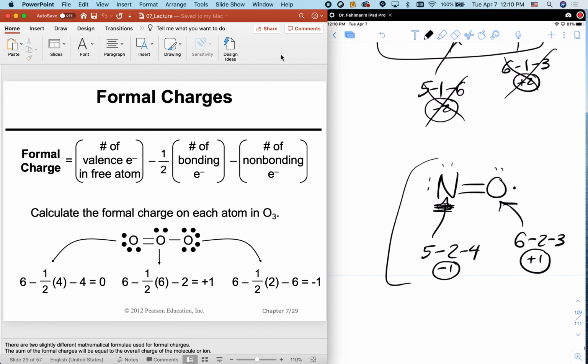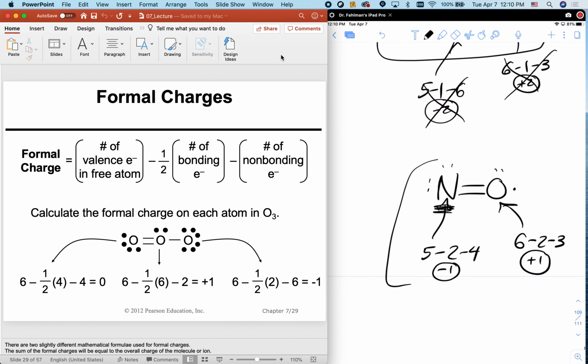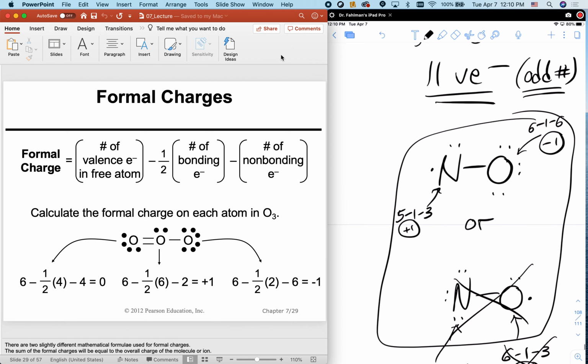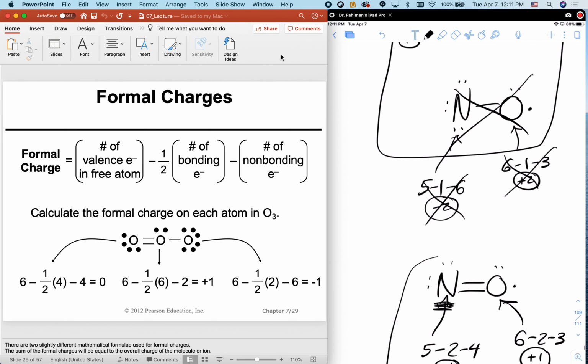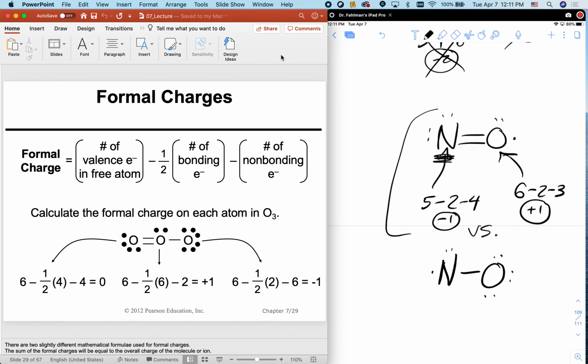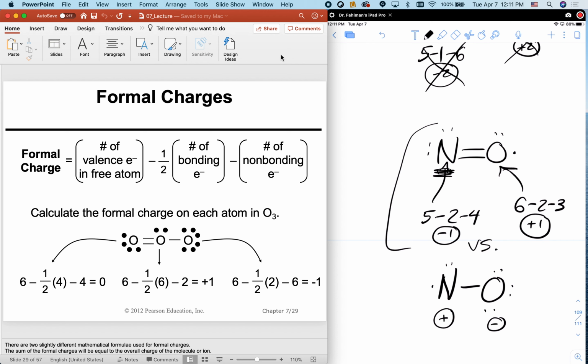So you've got this, where you've got a dot on the oxygen. Or if we go back to that first one, if I redraw that, we've got all the dots here, like that, and then we had a minus charge and a plus charge there. Which do you think would be more preferable? Having a plus charge on the oxygen or the minus charge on the oxygen?